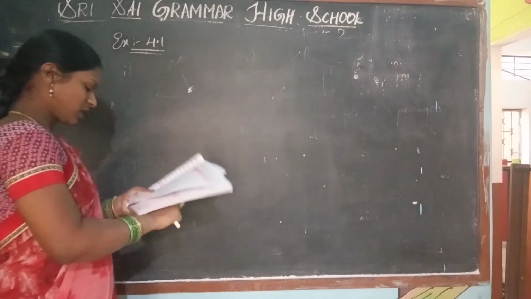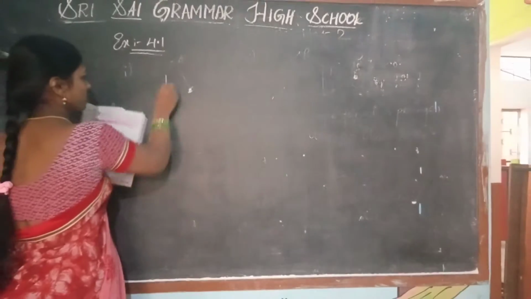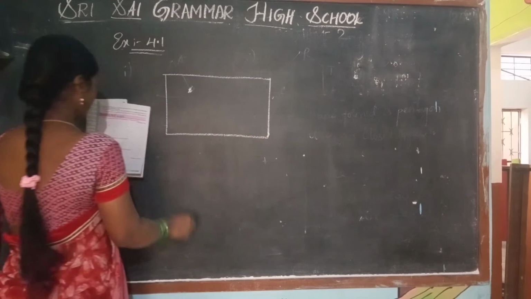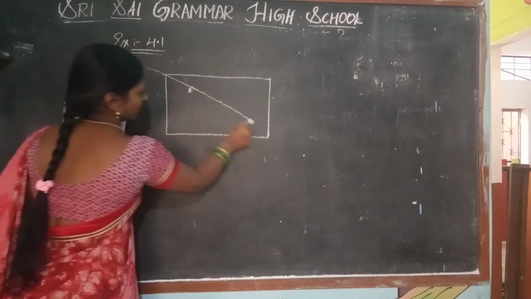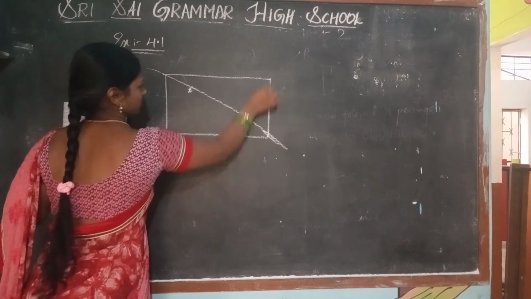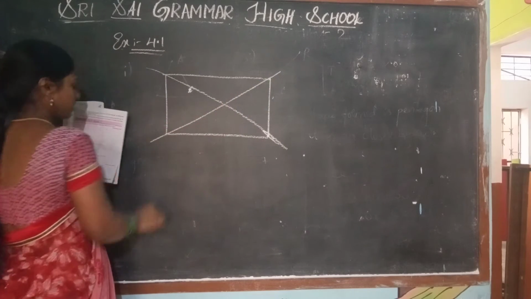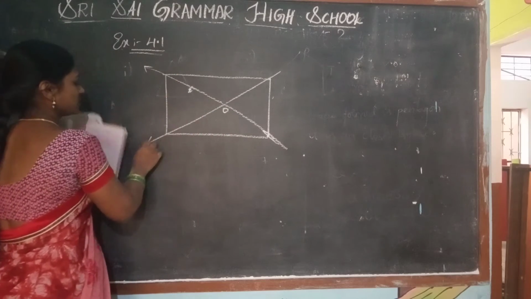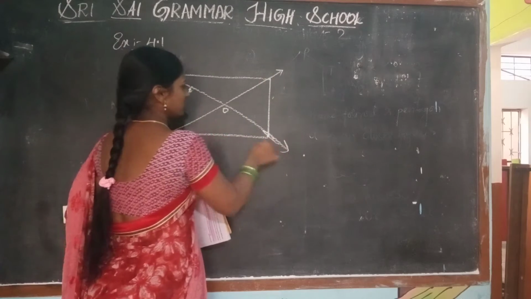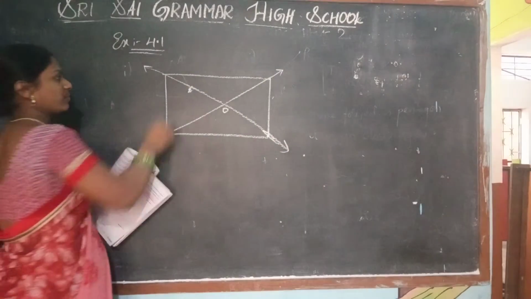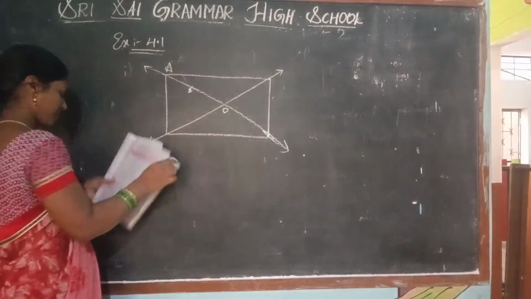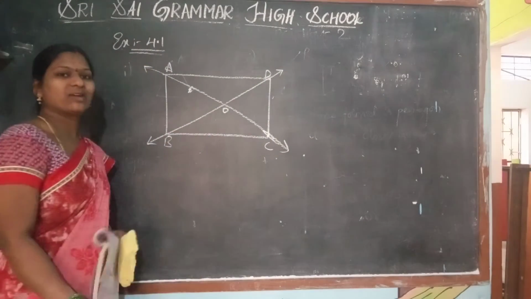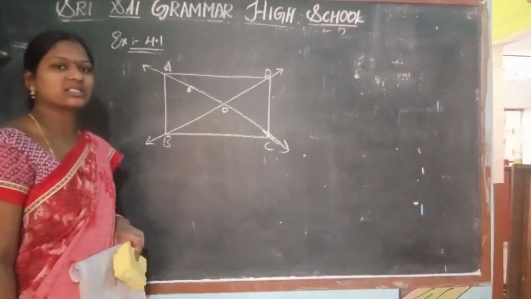See, here they have given one shape like this, and this is 4. This is one ray, this is one ray, this is one ray, this is one ray. The points which are represented here are A, B, C, D. The figure is given like this in the second sum.